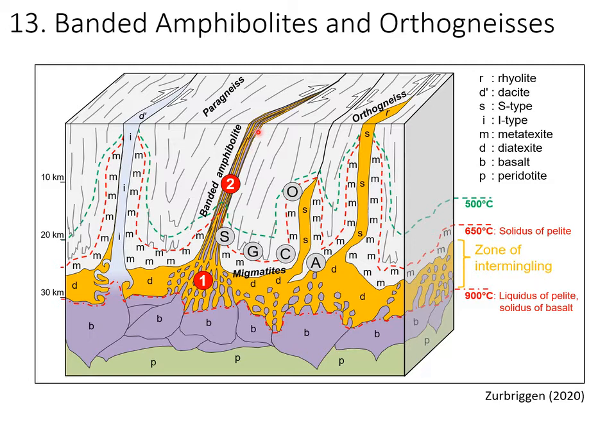This mechanism would also explain why we have zones where these banded amphibolite formations occur together with sheets of orthogneisses.